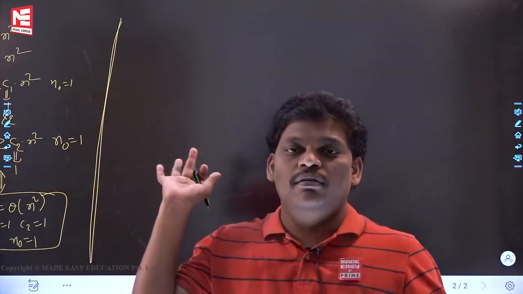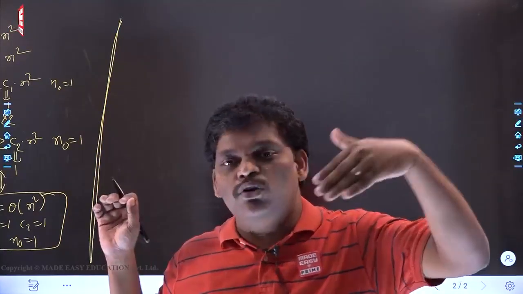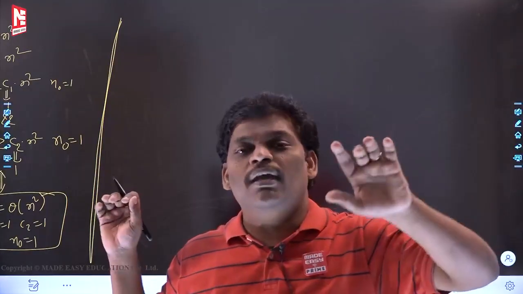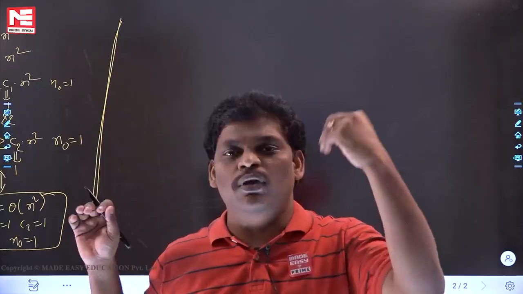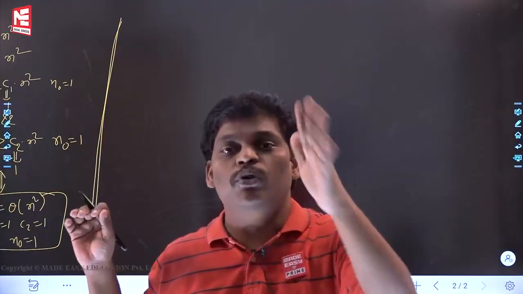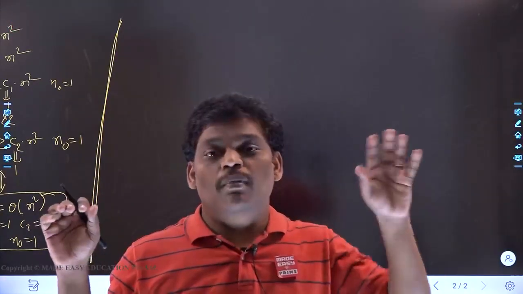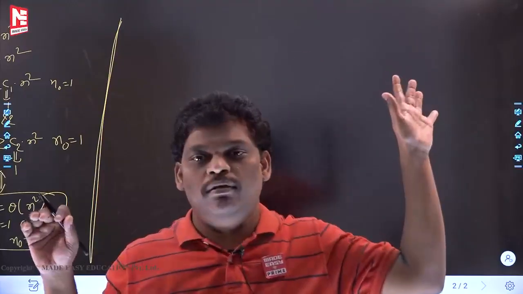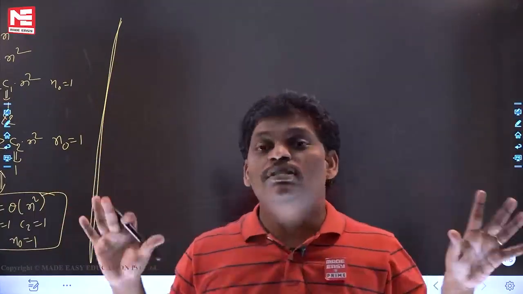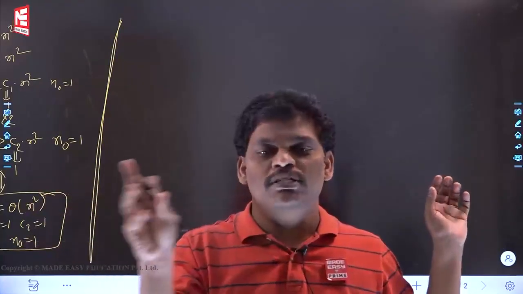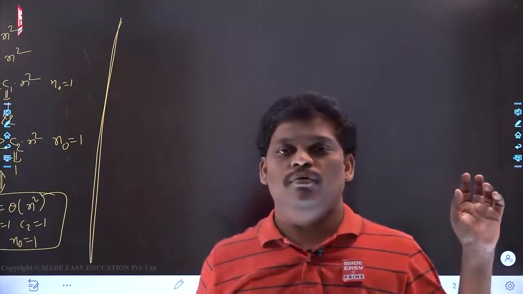If anyone asks you whether you are comfortable in the algorithm subject, say: in algorithm subject totally 25 topics are there, I am comfortable with 22. I am not comfortable with the 7th topic, I am not comfortable with the 24th topic. Don't say I am not comfortable in algorithm subject; say which topic you are not comfortable with.